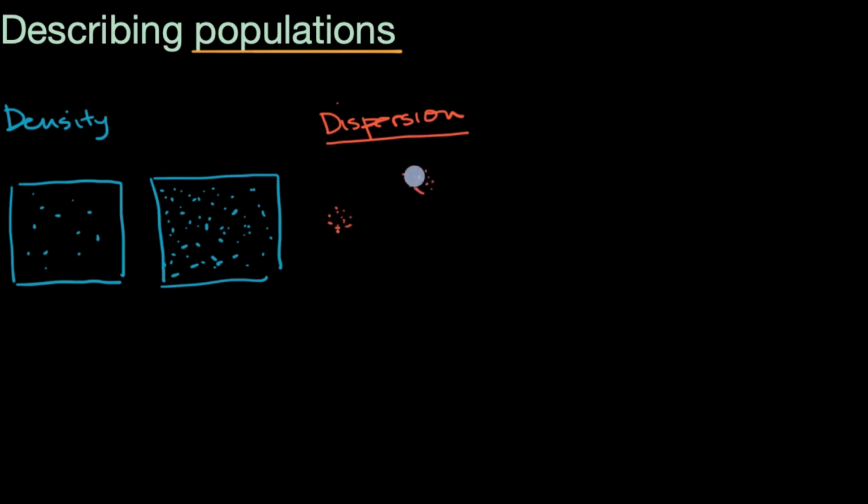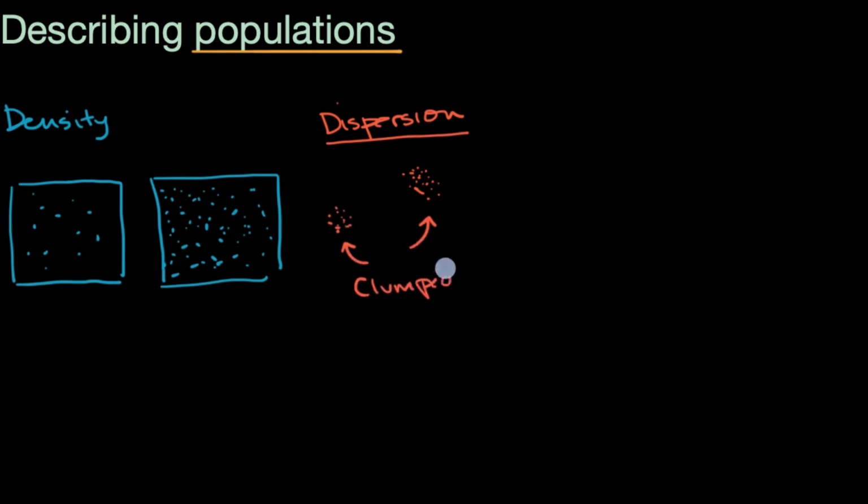One reason they might do that is for protection, for warmth, for finding food, for avoiding predators. One example is a school of fish. They like to go together. It can confuse predators. There's more eyes collectively looking for food or to avoid becoming someone else's food. So this right over here is clumped dispersion.